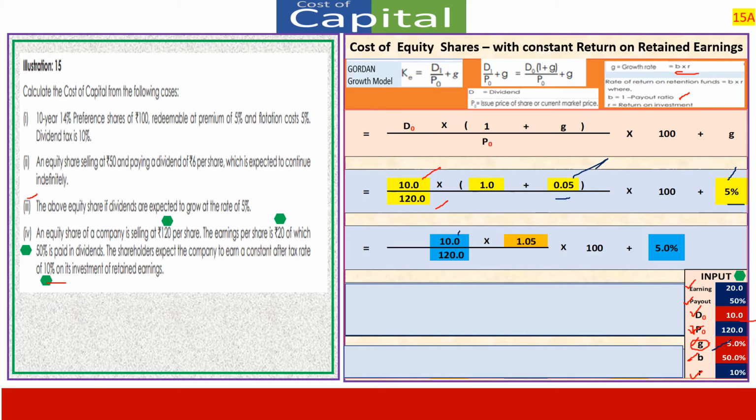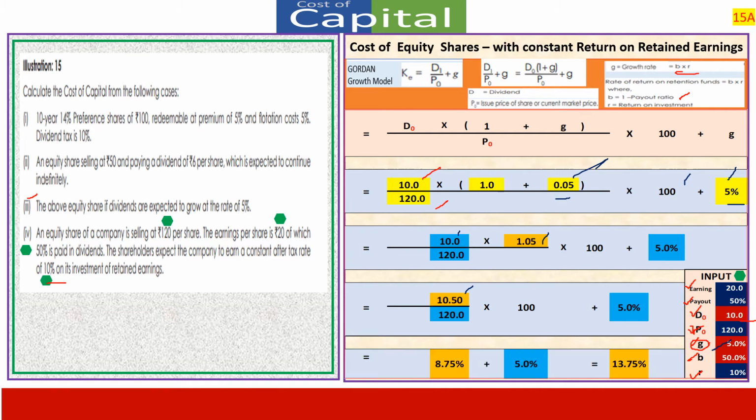10 into 1 plus 0.05, 1.05, into 100 plus 5%, divided by 120. 10 into 1.05 is 10.5 divided by 120 into 100 plus 5%. This is 10.5 divided by 120 is 8.75% plus 5%, and your cost of capital in respect of equity is 13.75%.